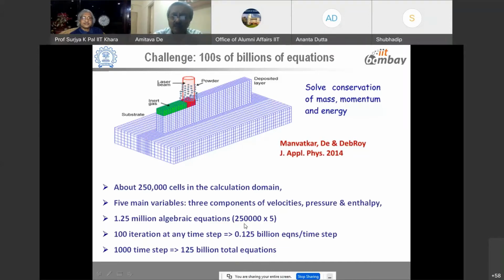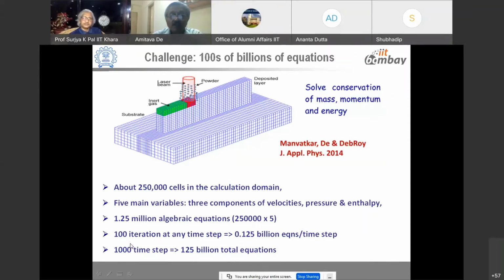And if we want to build this line by line, even for a single track, at every time step, as we move further with multiple time steps, so many equations are to be solved.